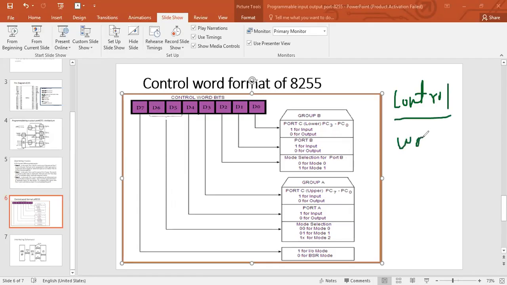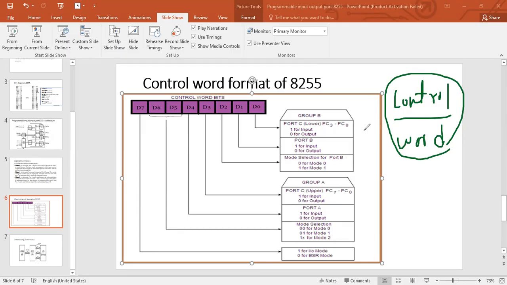Whenever you are interfacing this IC with any input output device, the first task that you have to do is derive the control word. And how will you derive it?